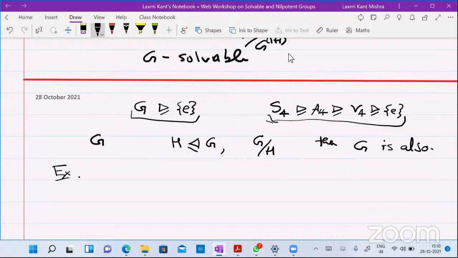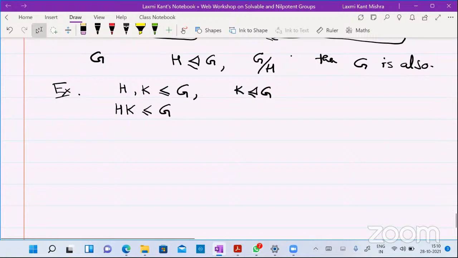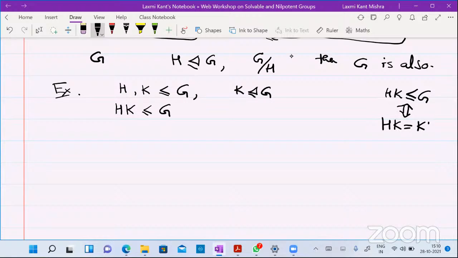If H and K are two subgroups of G, and K is a normal subgroup of G, then HK is a subgroup of G. In general, HK may not be a subgroup of G, but HK is a subgroup of G if and only if HK is the same as KH.